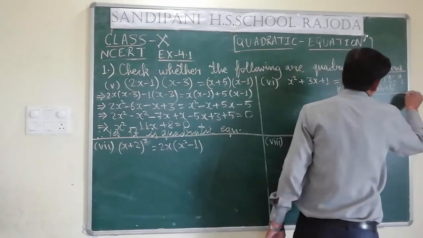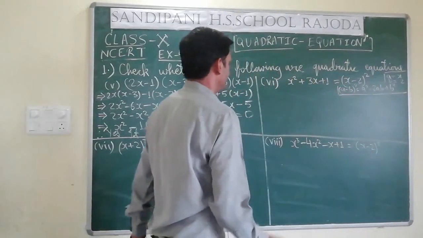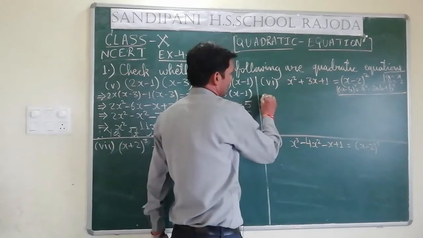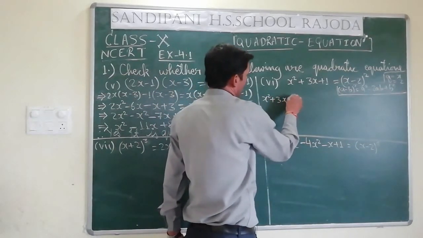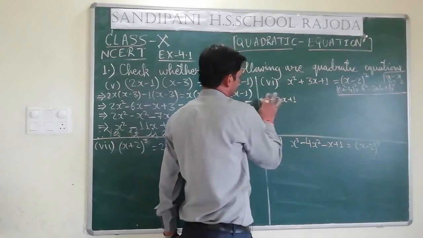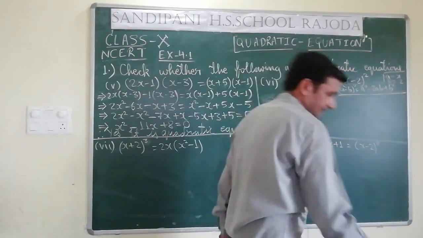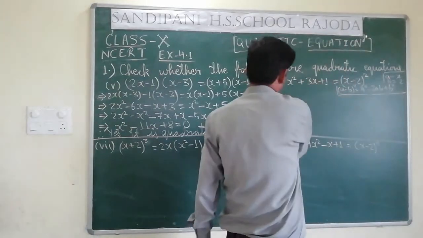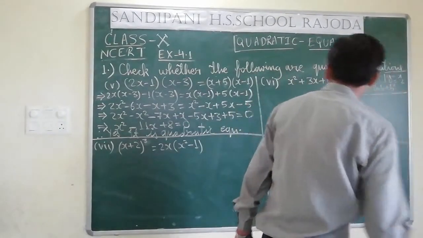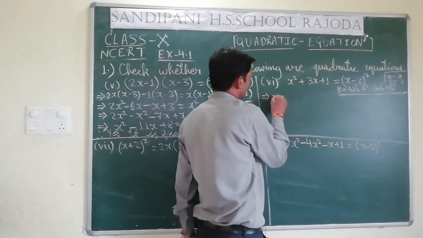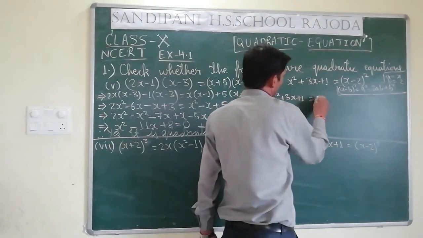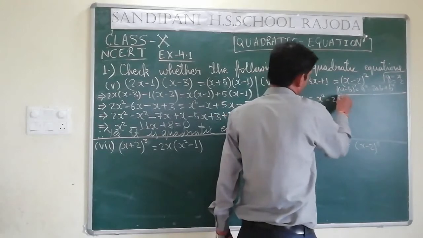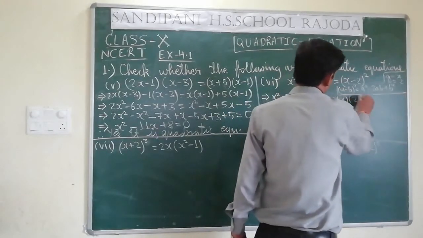So now if we proceed, x square plus 3x plus 1 is equal to x square minus 2 into x into 2 plus 2 square.